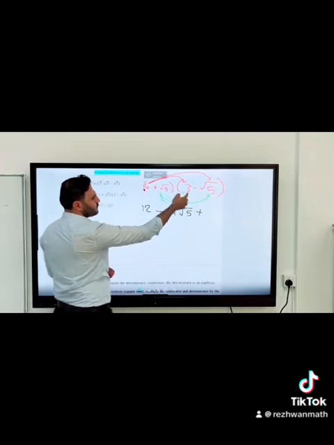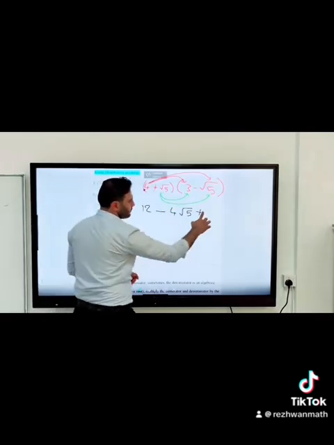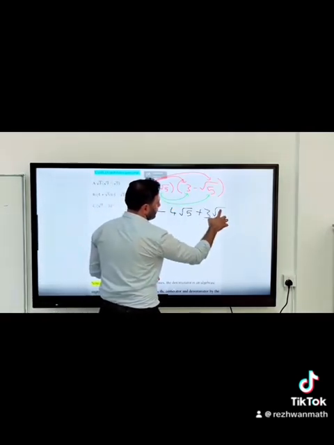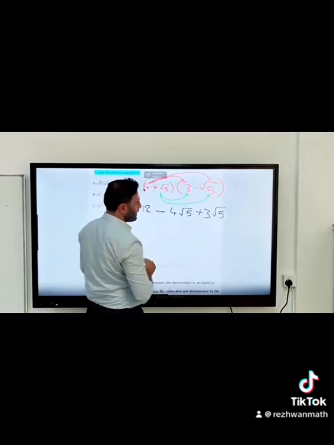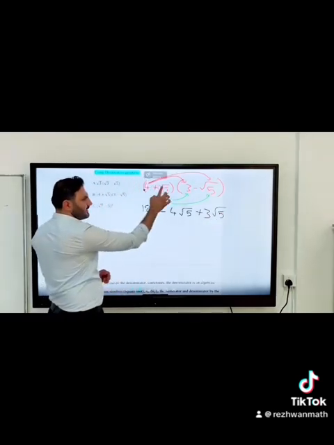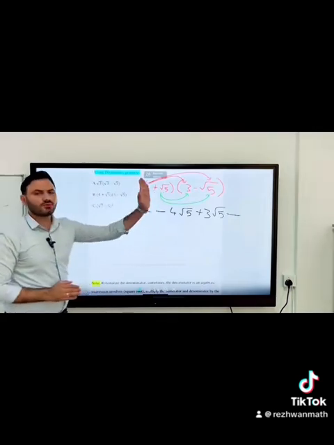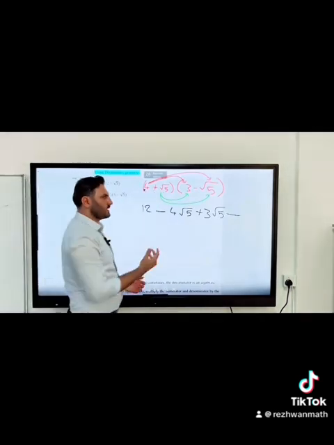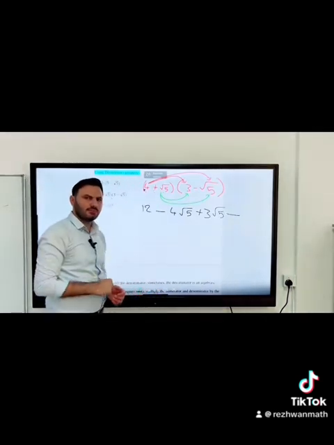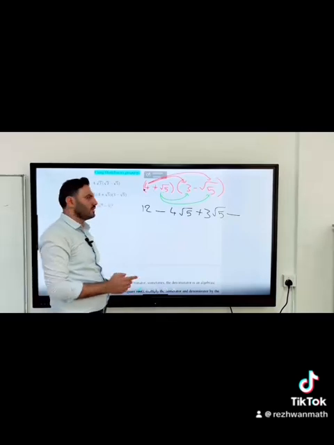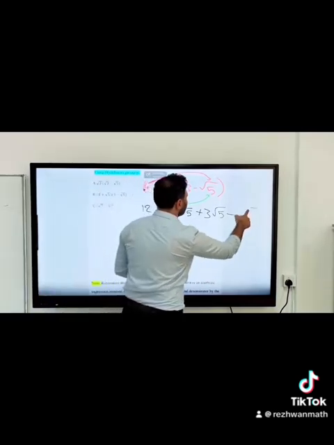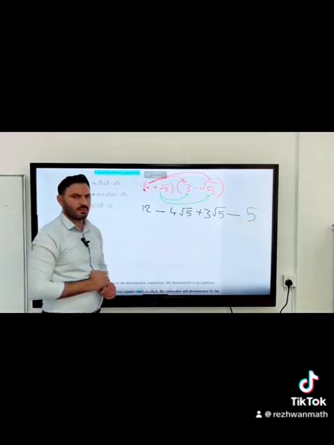And square root 5 times 3, we have to write 3 square root of 5. Okay. Then, negative times positive, we get negative. Square root 5 times square root 5, because we have the same number and the sign between them is multiplication, so directly remove the bracket, we get 5.